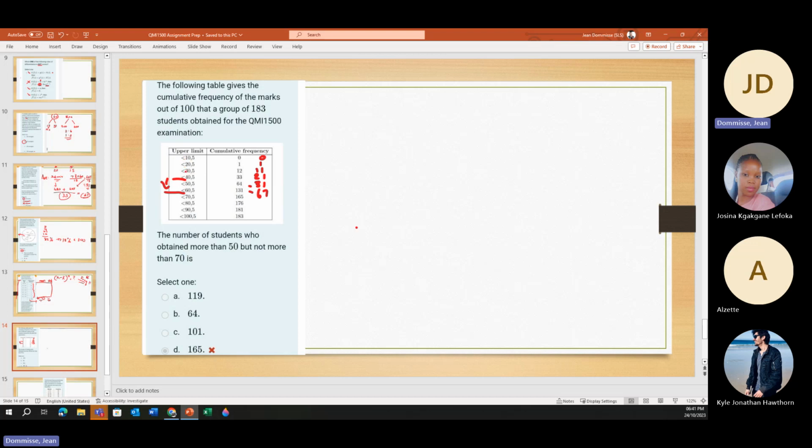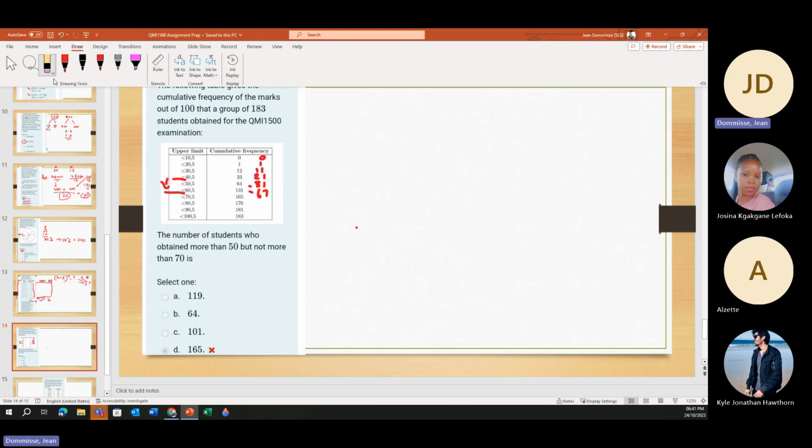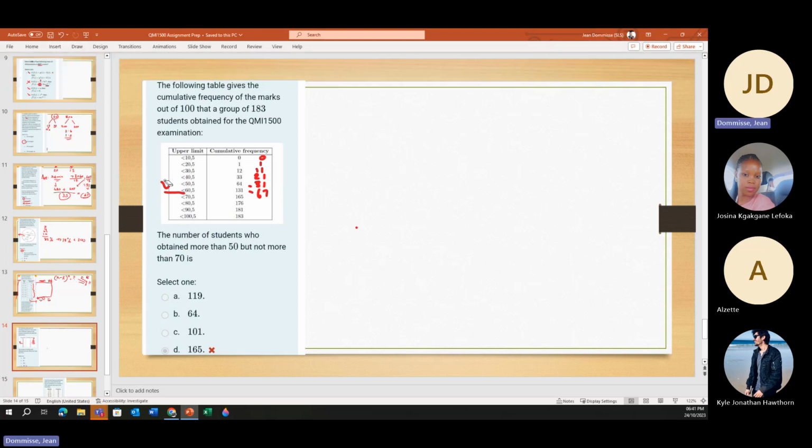So that's less than 40, less than 50. Again, higher grade in English needed. Okay, less than 50, so that's less than 60, less than 70.